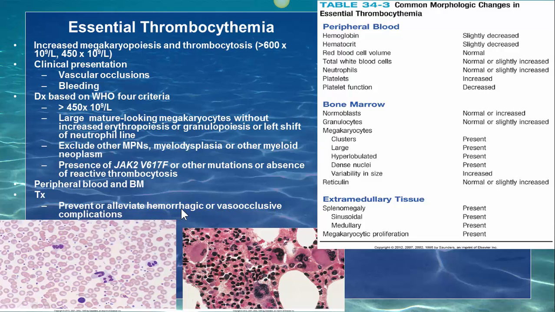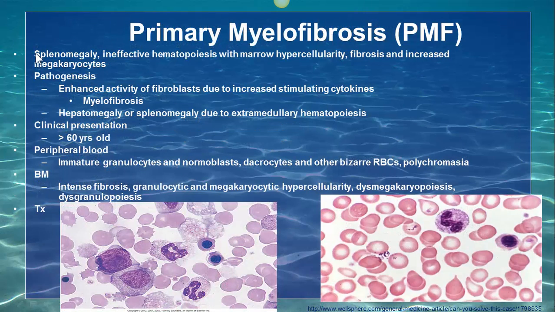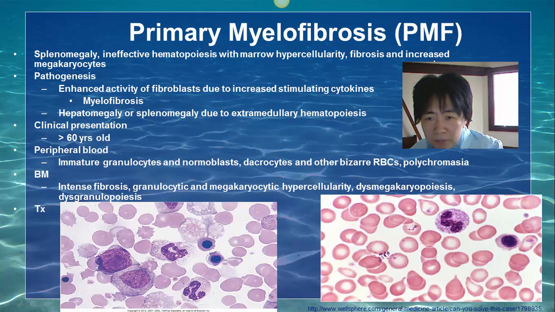Primary myelofibrosis is featured by splenomegaly, ineffective hematopoiesis with marrow hypercellularity, fibrosis, and increased megakaryocytes. Myelofibrosis, indicated by intense fibrosis of the bone marrow, is due to stimulation of fibroblasts by cytokines.